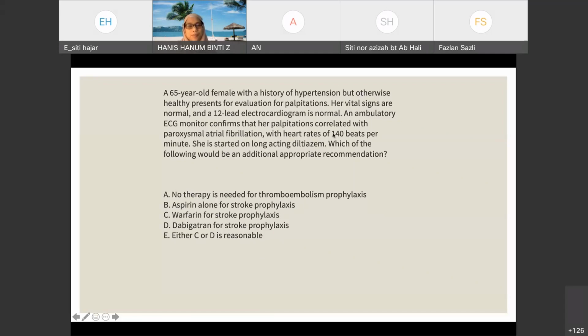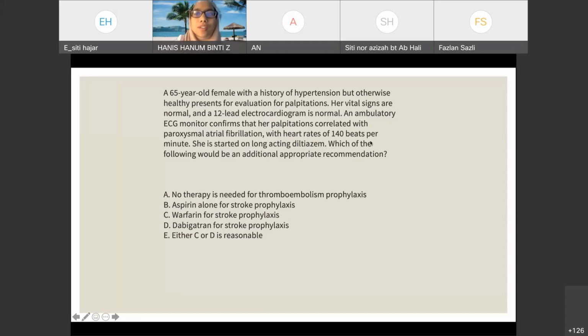Anybody calculate the CHA2DS2-VASc score? What is the CHA2DS2-VASc score for this patient? Female and hypertension. Betul tapi tak betul sangat. Lagi? Anyone? 3. Syafiq, that's right.